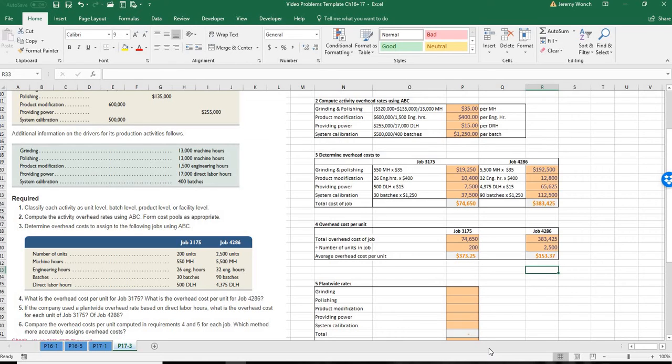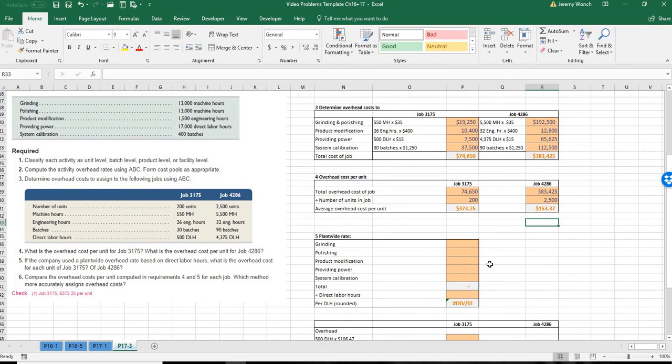What if we were to compare that to a plant-wide rate and see what we come up with? For the plant-wide rate, we're just going to lump all of our overhead costs together. So we've got 320,000, 135,000, 600,000, 255, and 500, for a total overhead cost of 1.8 million.